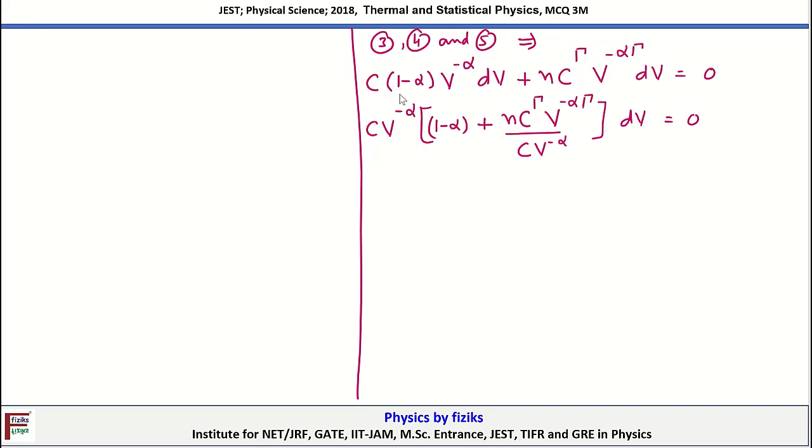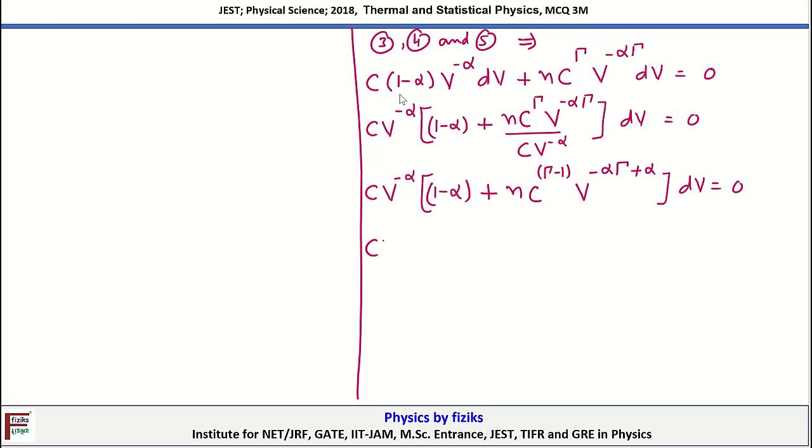Okay, and upon solving, we are left with c b power minus alpha, 1 minus alpha, and then upon solving the second term, 1 minus alpha plus n, c power gamma minus 1, and then b power minus alpha gamma, plus alpha, dV, that is equal to 0.